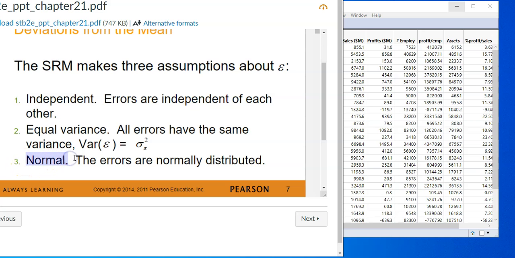So we want the errors to be normally distributed. What does it mean when we say something is normally distributed? A normal distribution looks like a bell shape. The center of the bell is average. And that bell shape is telling us the majority of data are around the average, right?